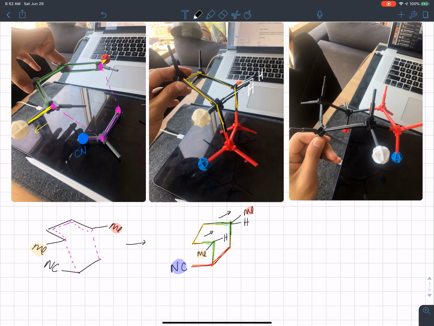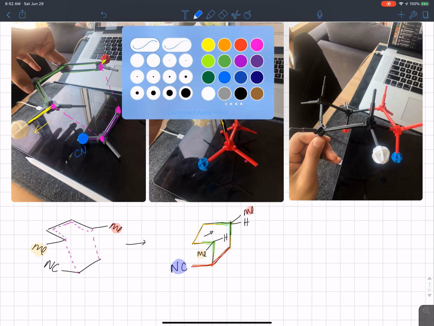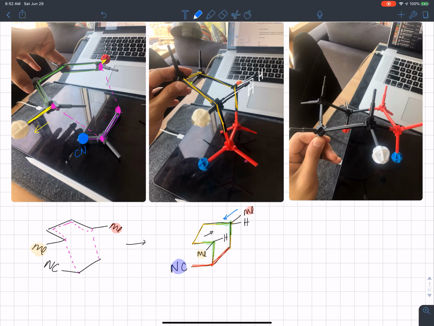To make a chair conformation, we have to make one of them point down, and the easier one to make point down would be the one at the back. So I'm going to change this direction. I'm going to make this carbon face downwards to make a chair.